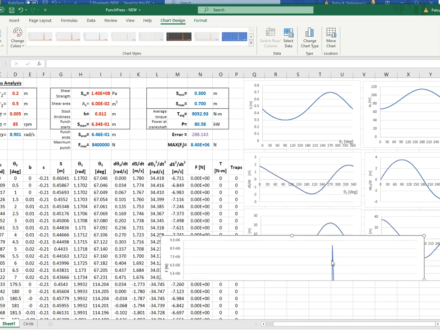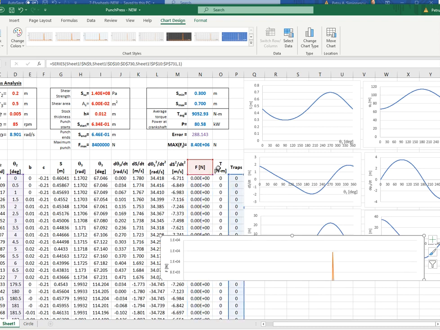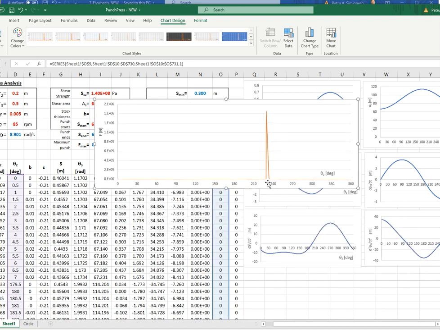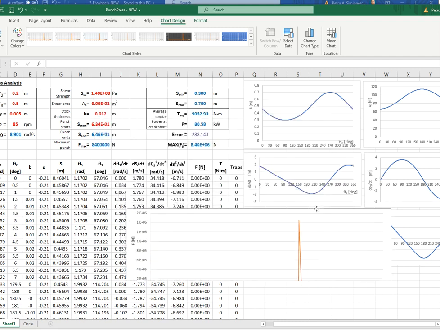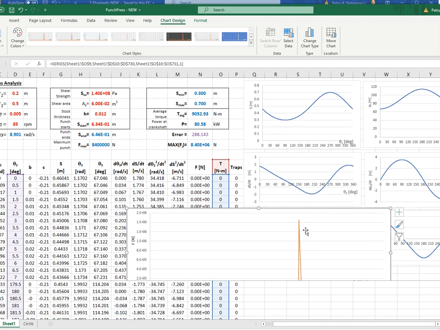I can also produce the graph of the torque as a function of crank angle, which is a similar image. So this is no longer F. I drag the column of values to plot the torque versus crank angle.